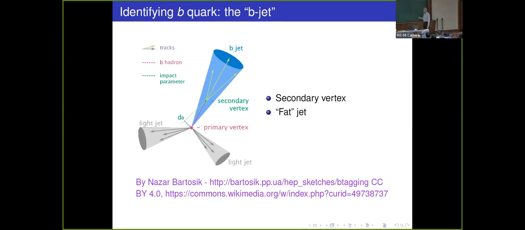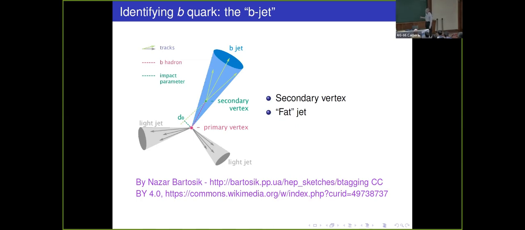And as a result, if this is the primary vertex, a B meson produced will travel a short distance and then decay. Identification of the fact that there is a secondary vertex away from the primary vertex is one good indication that this was a B meson traveling. So the secondary vertex is one good thing to have.